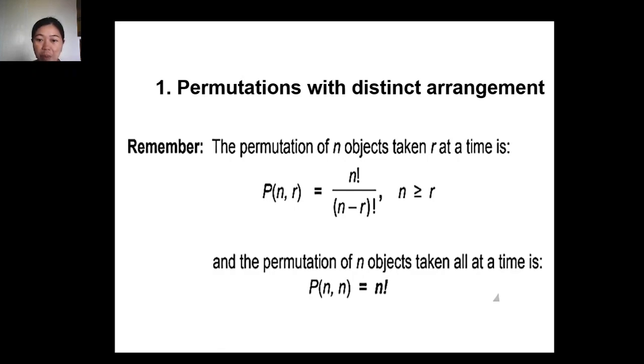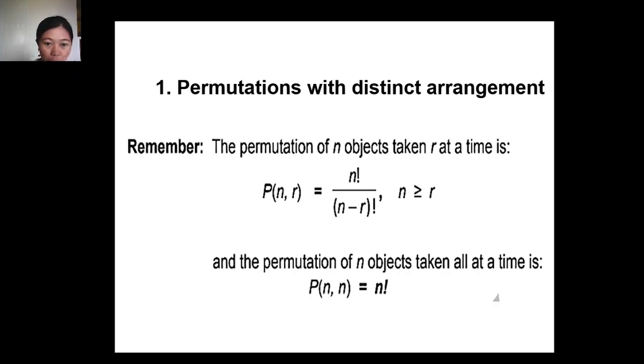And the permutation of n objects taken all at a time is P of n, n is equal to n factorial. So, ano ba yung n at ano ba yung r dun sa notation? Para malinaw, yung n, yun yung given objects na i-arrange. Yung r, yun yung bilang ng objects na kukunin nyo dun sa n na siya yung i-arrange.